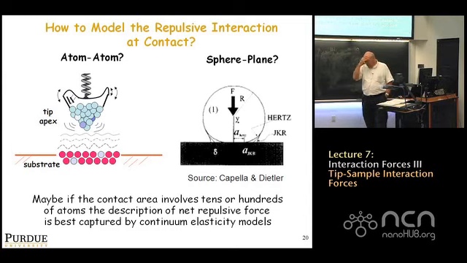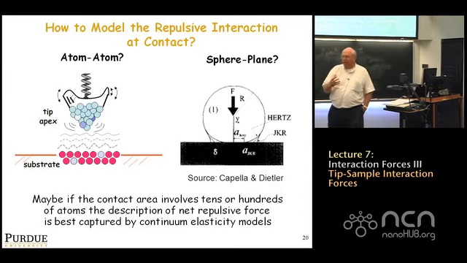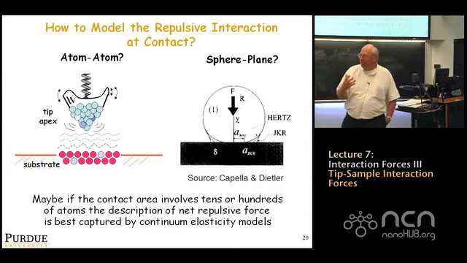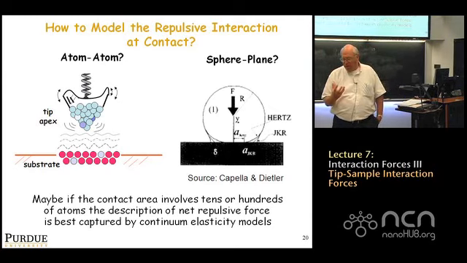So we alluded to the fact that when the tip comes into contact with a substrate, we're assuming that contact is reasonably well understood. And the question is, how do we model it? How do we think about it in more detail?